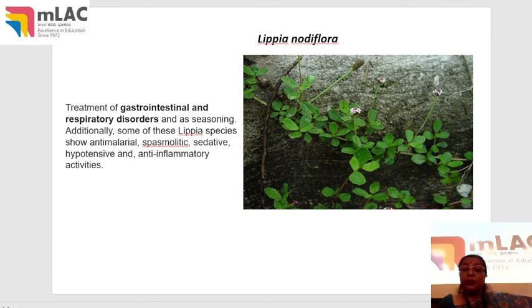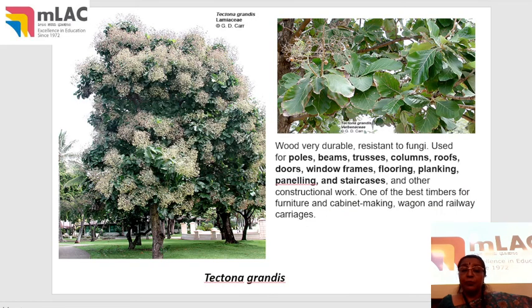So basically, the various plants which are examples of the family Verbenaceae are medicinally important, as they are used as antioxidants, anti-inflammatory, and for respiratory disorders.